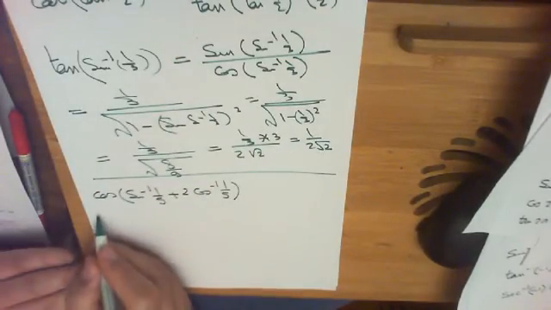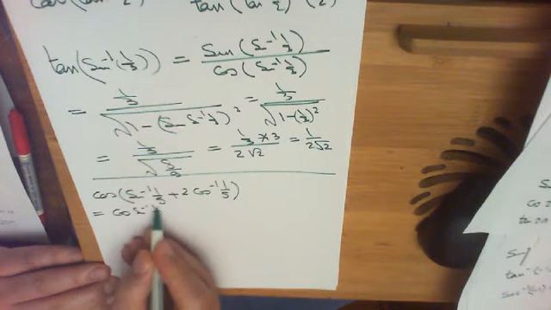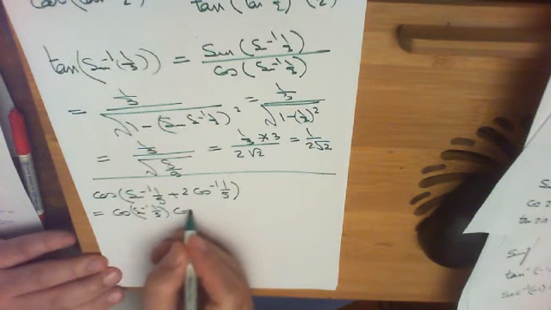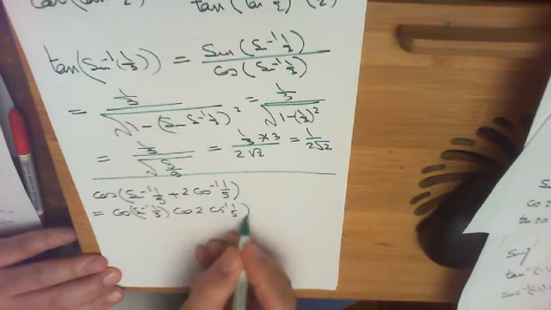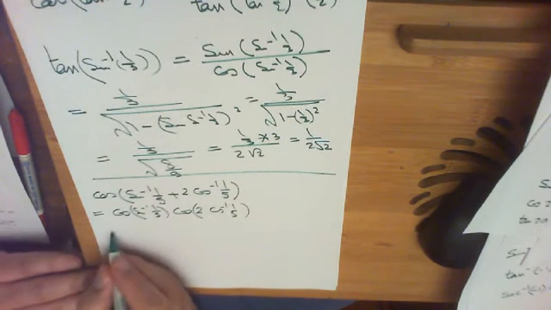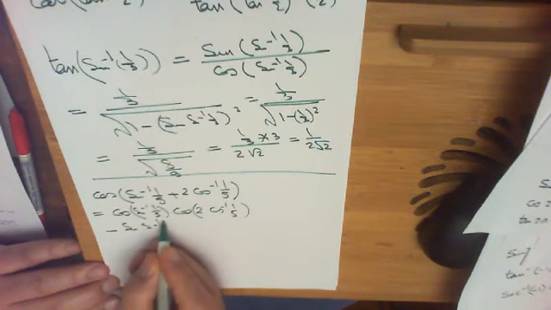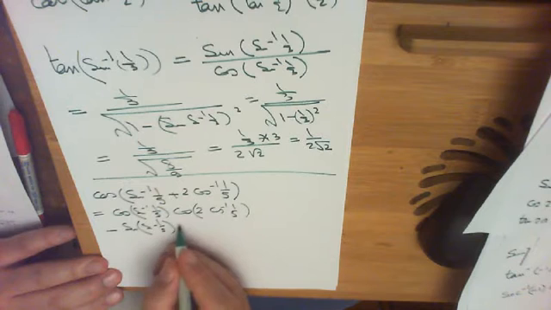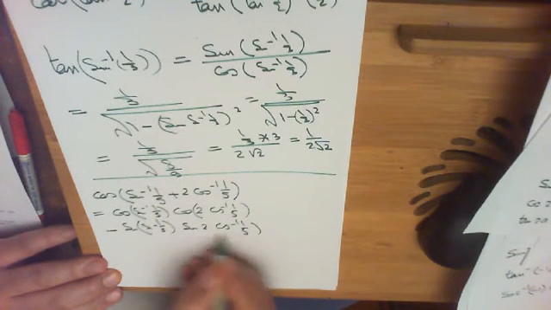So this is cosine of sine minus 1 of 1/5, cosine of 2 cosine minus 1 of 1/5, minus sine the first, sine of 1/5, sine the second, sine of 2 cosine minus 1 of 1/5.